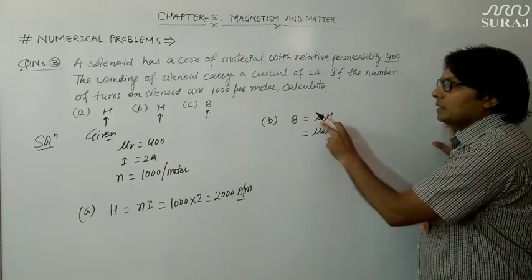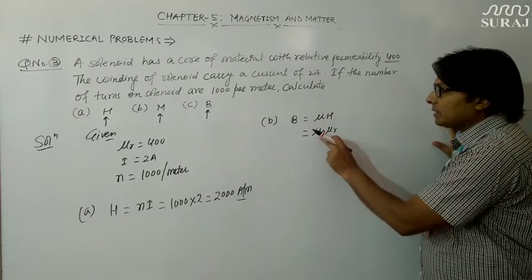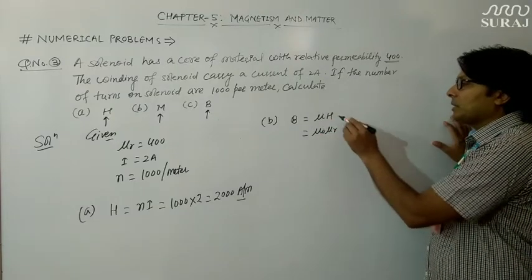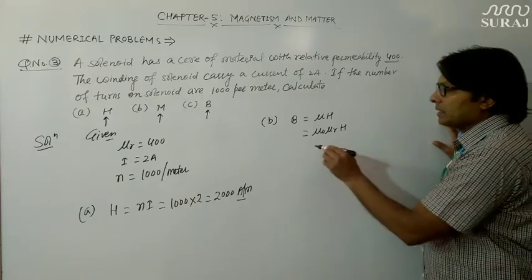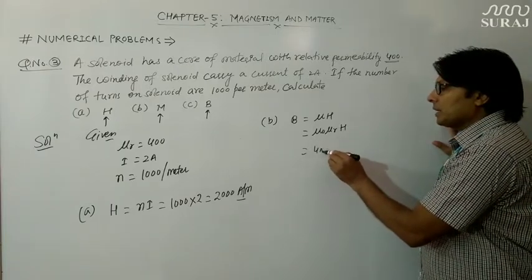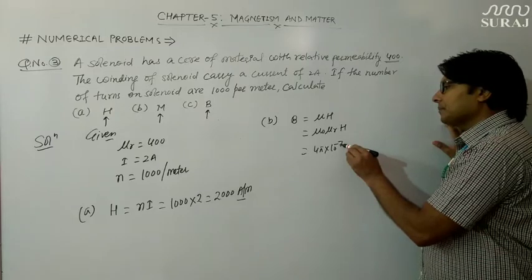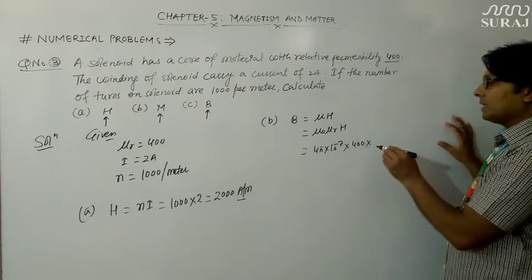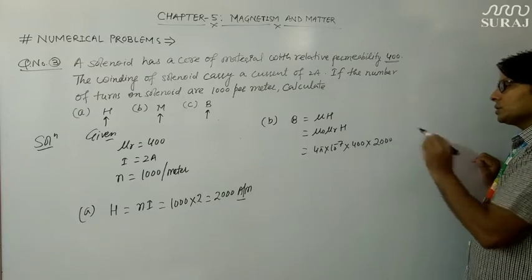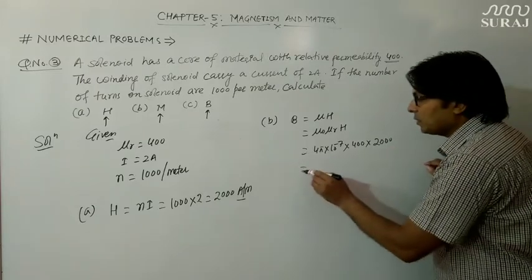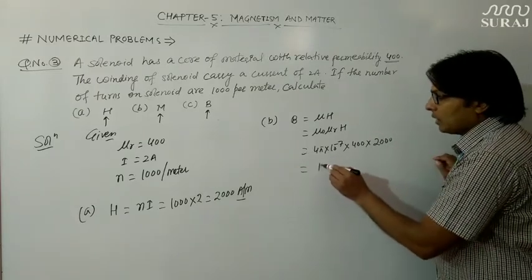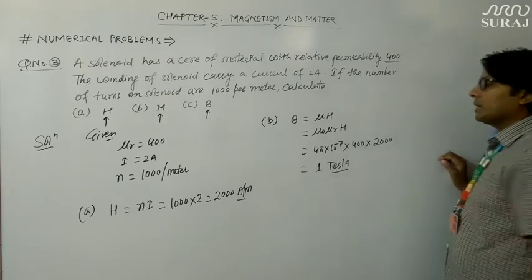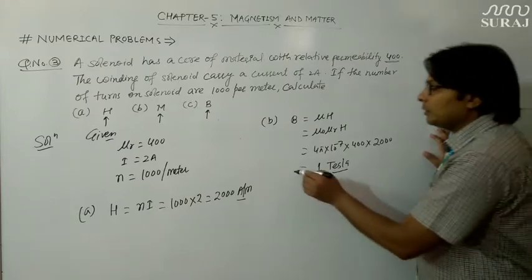This is the permeability of the medium, and this is the permeability of free space multiplied by relative permeability, and H we have calculated. So mu 0 is 4 pi into 10 to the power minus 7, mu r is 400, and H we have calculated as 2000. When you calculate this value, it comes out to be 1 Tesla.